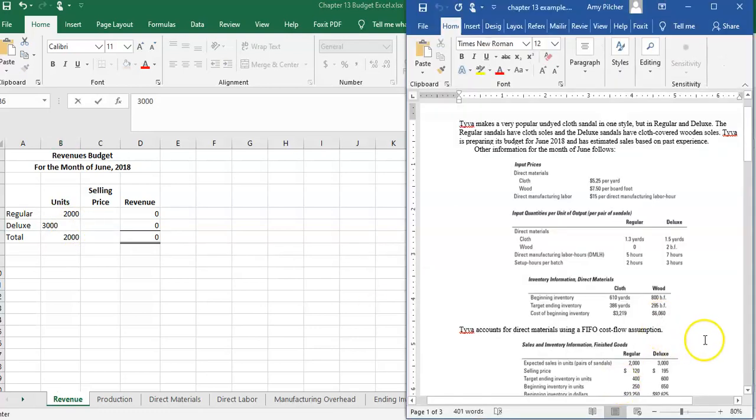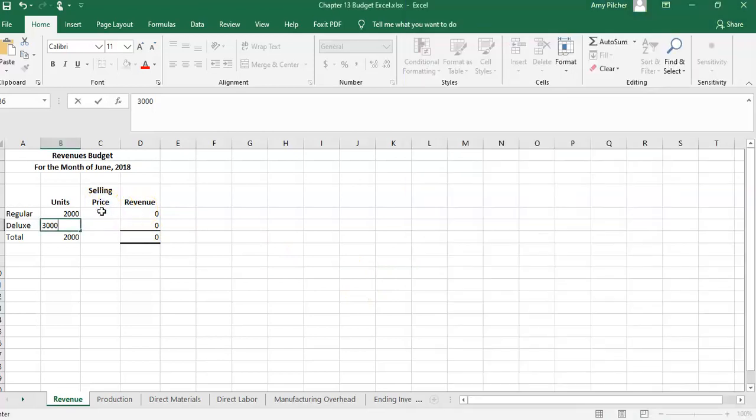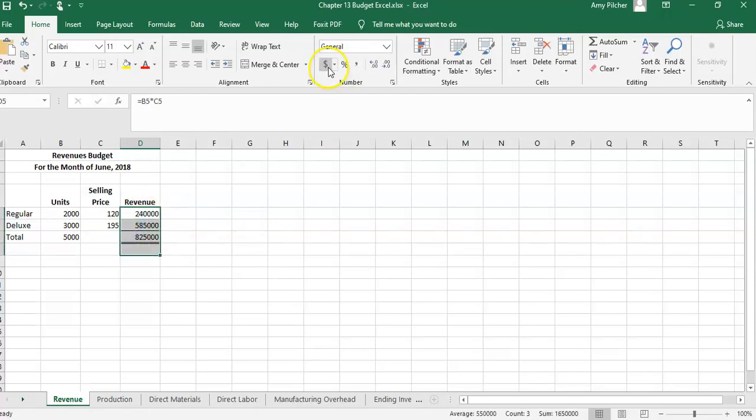We have a selling price of $120 for the regular and $195 for the deluxe. That gives us projected revenue of $825,000 for the period.